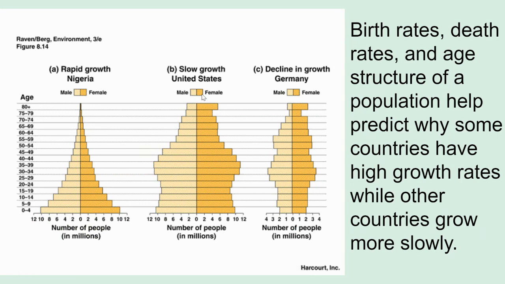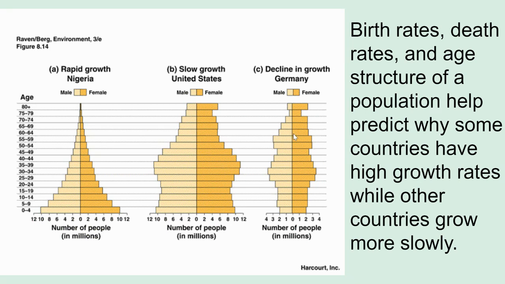In the United States, we do have a growth rate that is positive. We are continuing to grow as a population, but it is much slower than Nigeria. We still have a good number of older people in our society and middle-aged people in our society. Our society in the United States is tending to remain about neutral, but growing slightly.